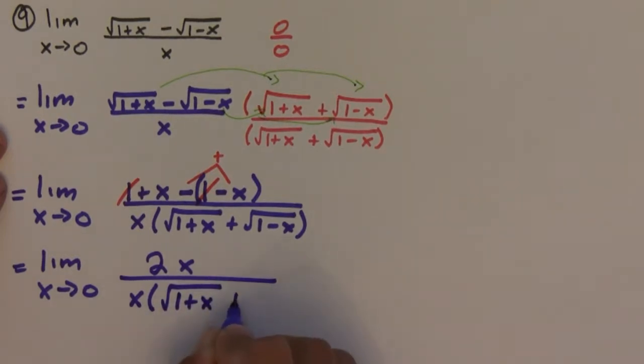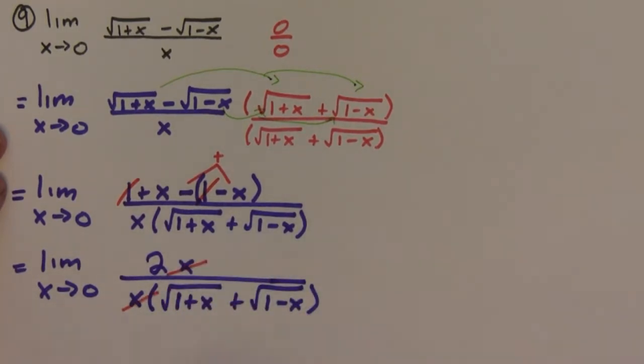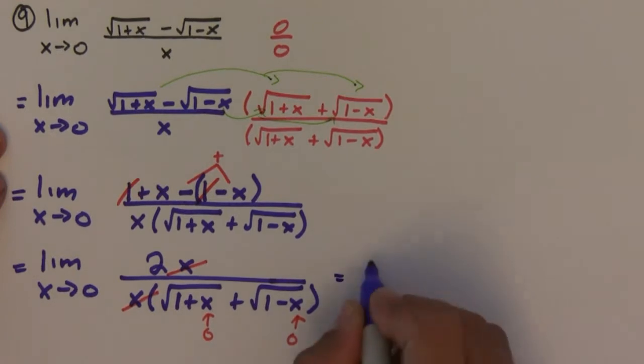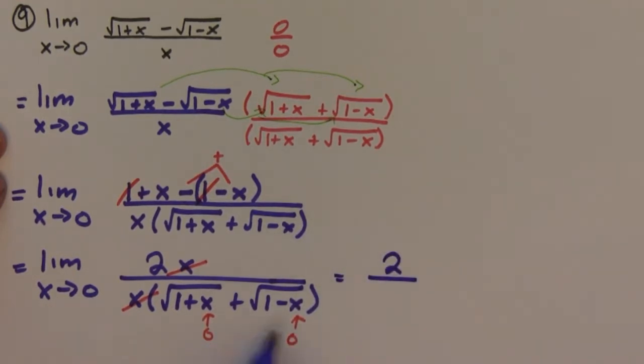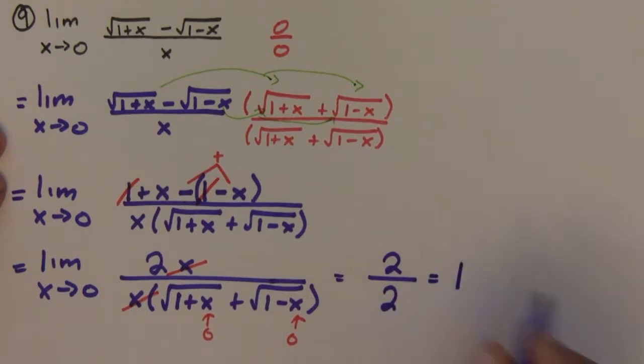I'm just rewriting it. Okay, and so I notice now that these x's cancel, and if I plug in 0 here, what I get is 2 over 2, or 1. That's my answer.